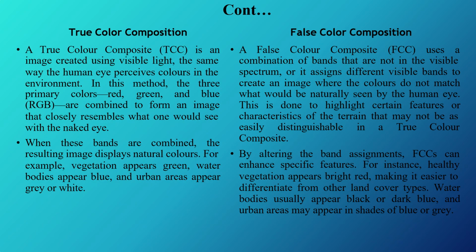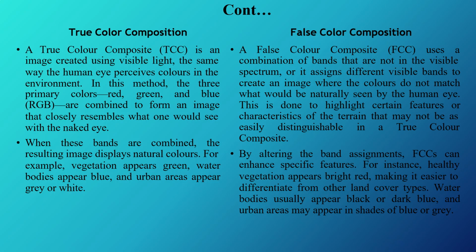Now let's discuss true color and false color composites. A true color composite uses the red, green, and blue bands. The image appears similar to what the human eye sees. Vegetation appears green, water appears blue, and urban areas appear gray or white.